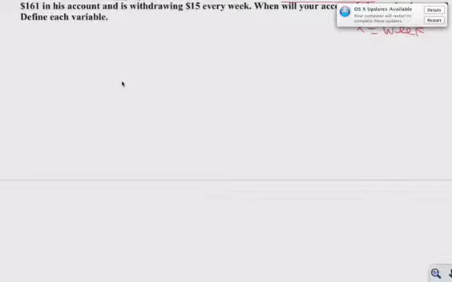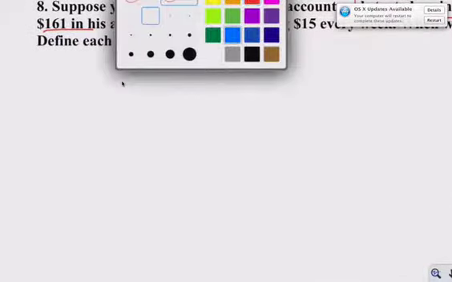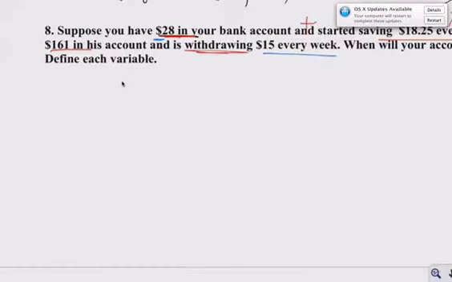X for weeks, the number of weeks. Your friend has this much in the bank, and means plus, remember. And withdrew. Now withdrew, instead of plus, you need to change that plus into a minus, because withdrew means to subtract. $15 every week, 15 times x.